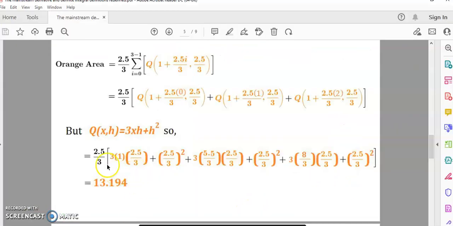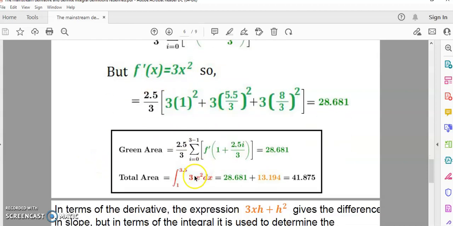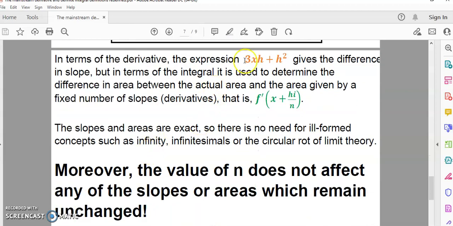So let's go back there and look. The orange area is calculated as you see over here, and I'll give you a link to this presentation. You can go over it slowly to see that it does give you the exact value, and the same thing with the derivative. In terms of the derivative, this expression gives the difference in slope, but in terms of the integral, it is used to determine the difference in area between the actual area under the curve and the area given by a fixed number of slopes, as you see over here.